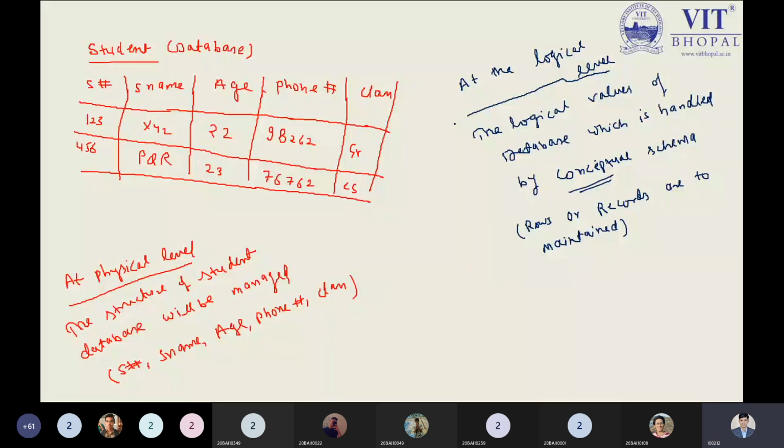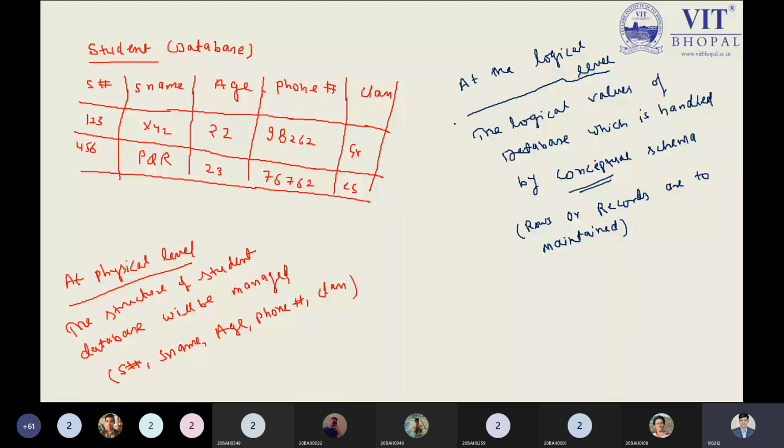So in programming we also have different layers. The first one is a physical layer, the other one is a conceptual layer. Apart from the programming language, here we have two layers: the physical layer, in which we have the physical level, maintained by the physical schema, and the logical level, or the conceptual layer, where the concept will be designed.